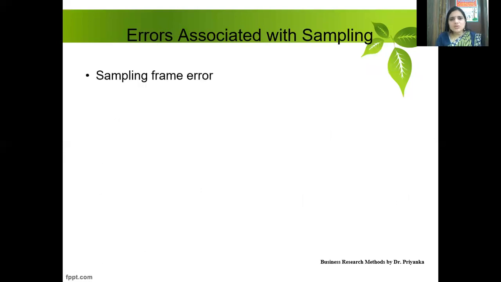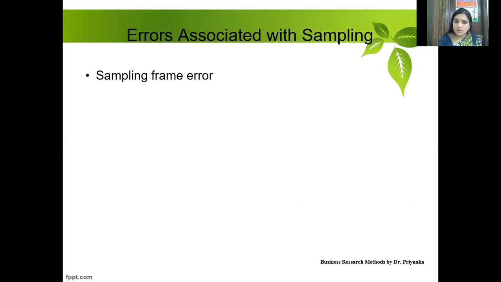Some errors are associated with sampling. Sampling frame error: if the sampling frame is not properly taken up, it creates a problem. For example, when we talk about people associated with a company, that means all the persons associated with the company.